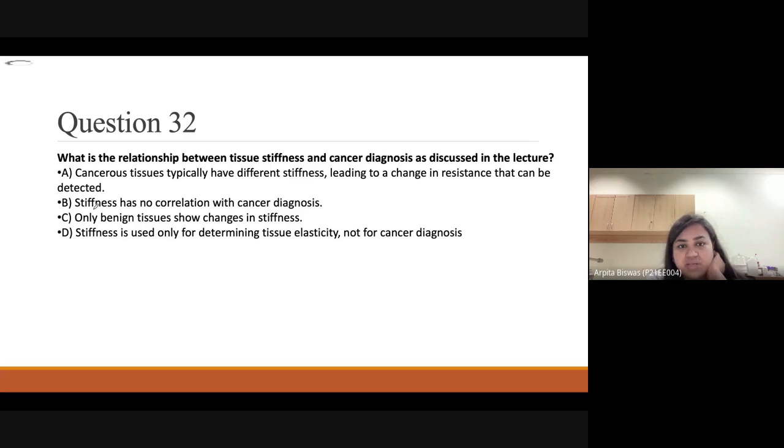Cancerous tissue typically have different stiffness, leading to change in resistance that can be detected. The stiffness has no correlation with cancer diagnosis. Only the benign tissue show changes in stiffness, or stiffness is used only for detecting the tissue elasticity, not for cancer diagnosis. So, which one is the right answer? So the right answer is option A. The cancerous tissue typically have different stiffness, leading to a change in resistance that can be detected.